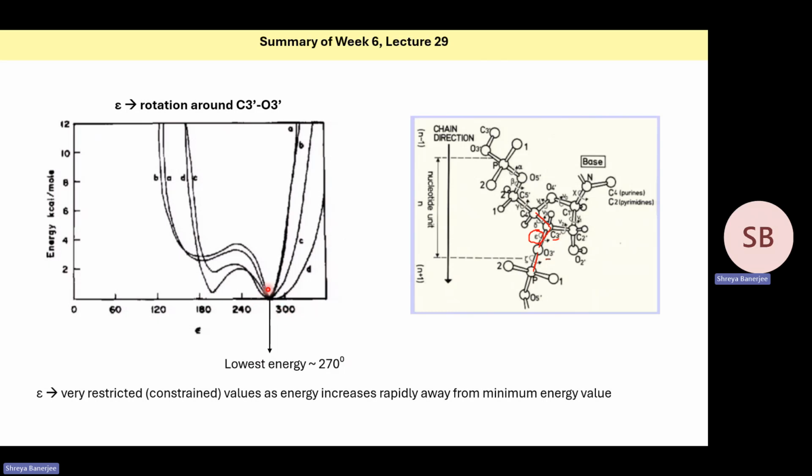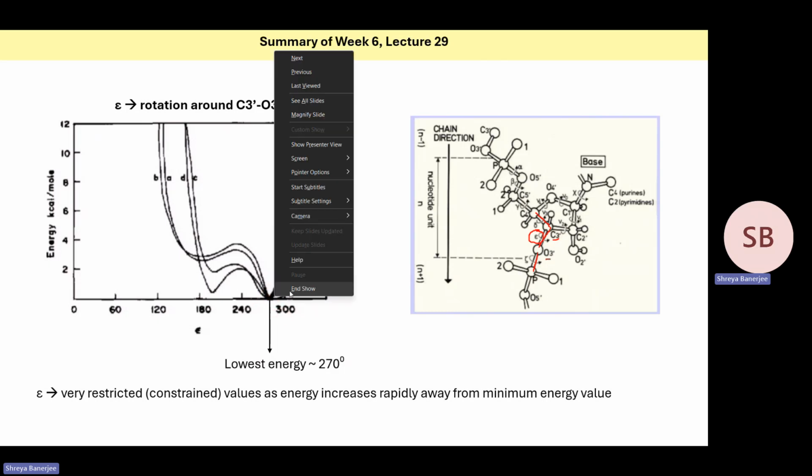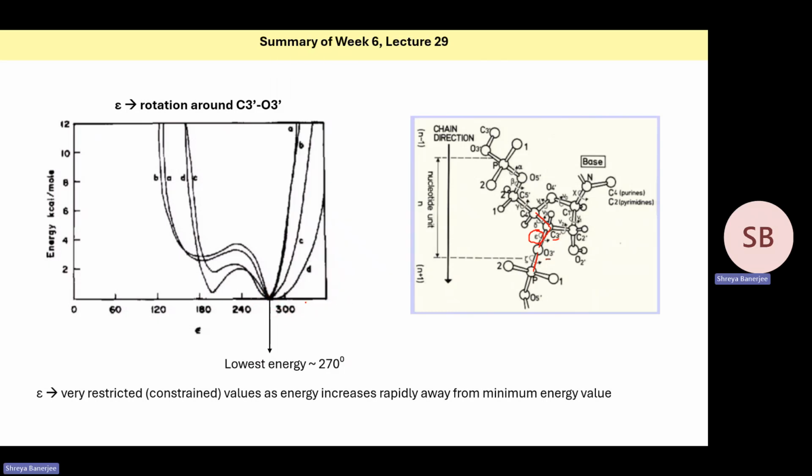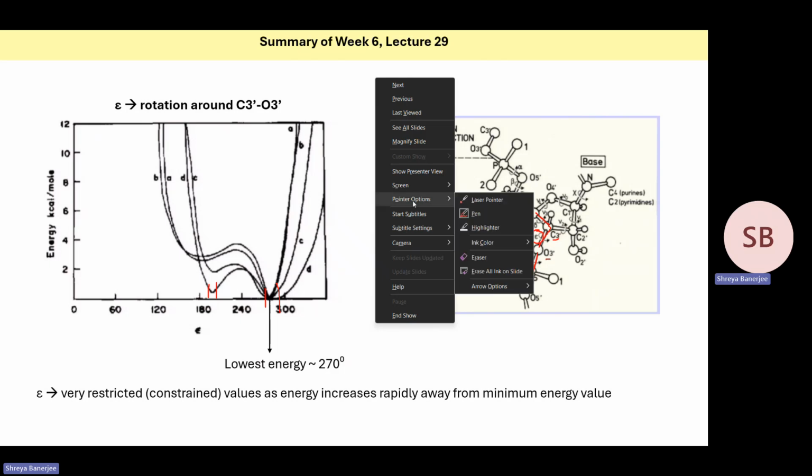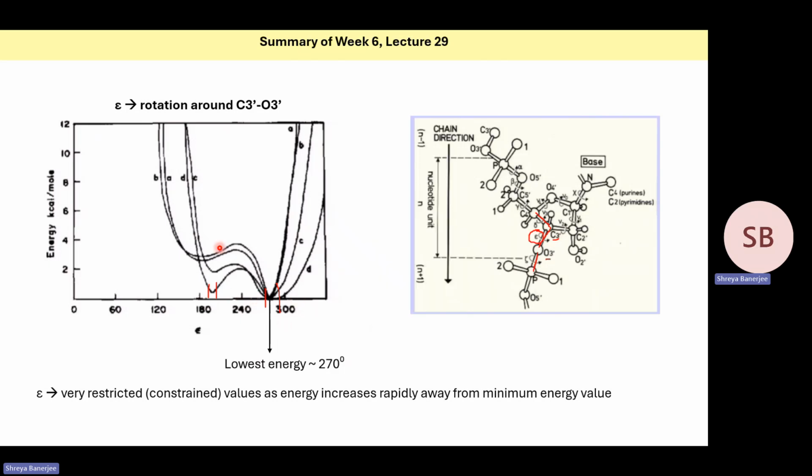So epsilon can only exist in a very narrow range, probably just a small range here, and a small range here. Anywhere outside of this range, the energy becomes so high, so unfavorable, that the DNA structure cannot form. So this is another one of the constraints given for structure optimization.